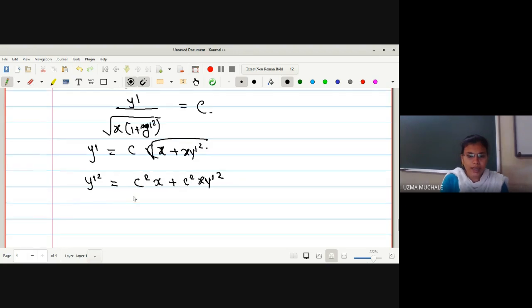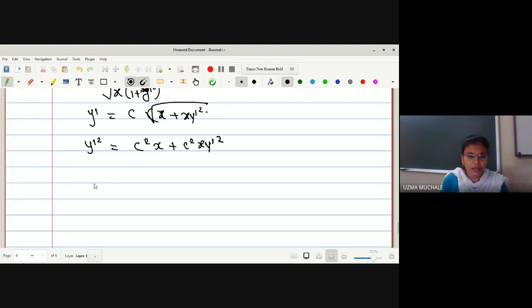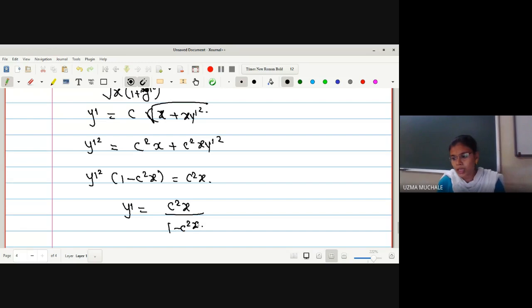Now we can take y dash square common. We take y dash square common, and we have 1 minus c square x is equal to c square x. So the value of y dash square we have obtained is c square x divided by 1 minus c square into x. Okay.